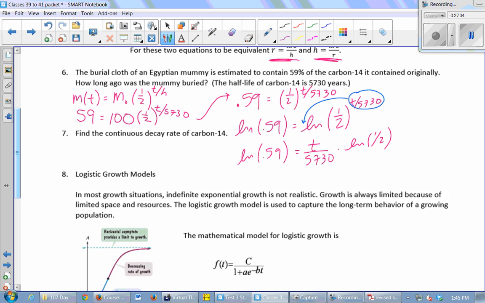The ln of 1/2 is just a number. The ln of 0.59 is just a number. So I'm going to divide both sides by ln 1/2 and multiply both sides by 5,730 to get the T by itself.